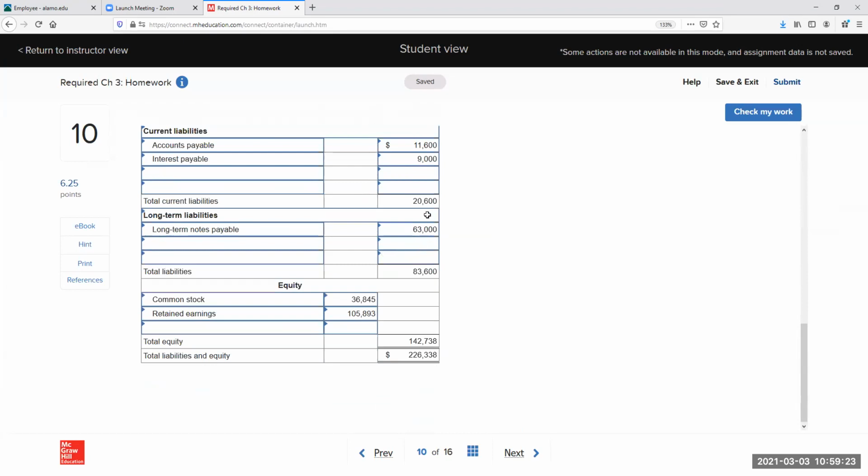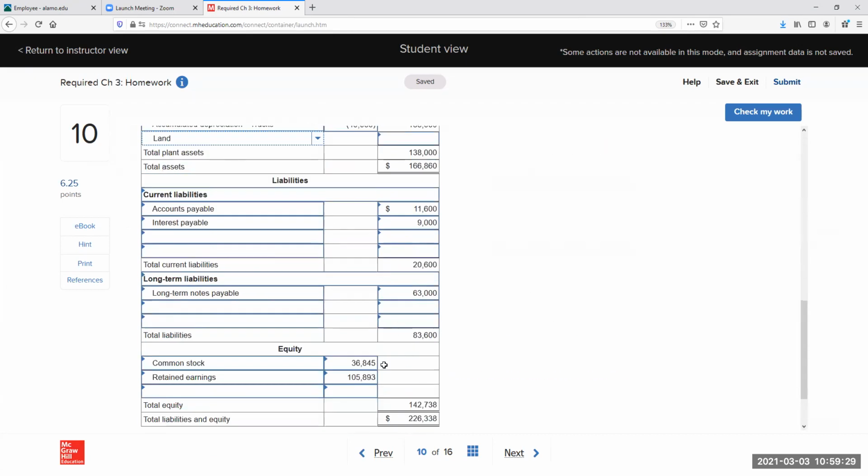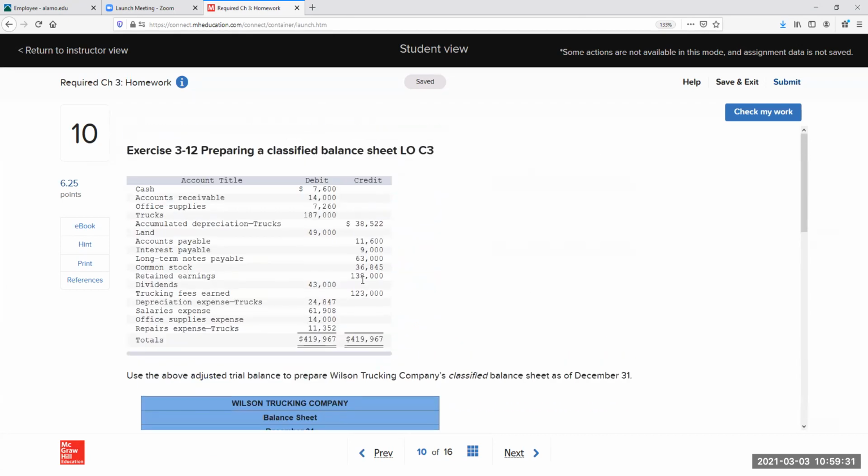Now, what do I have here? Long-term note was 60. Common stock 36,845. But my retained earnings is 138. To be honest with you, you have to do the statement of retained earnings kind of in your head here. So it goes up 138 plus the revenue minus all these expenses.